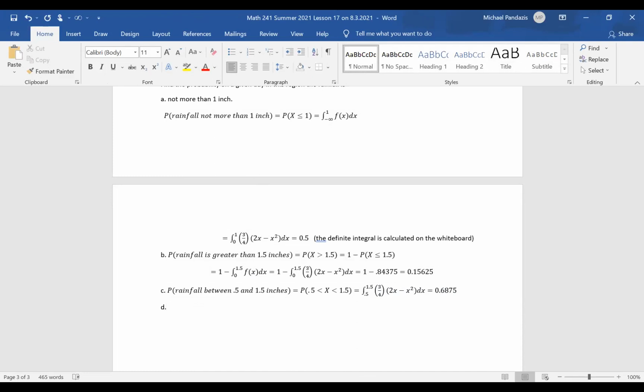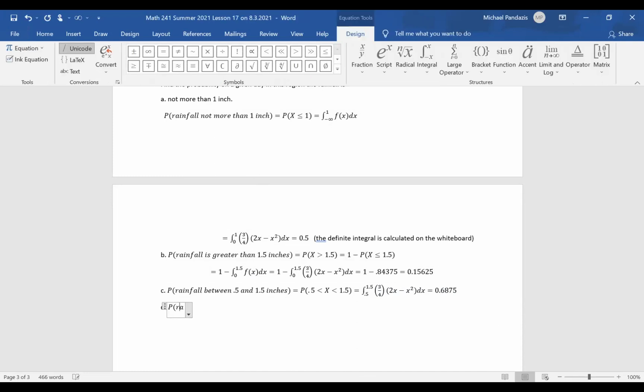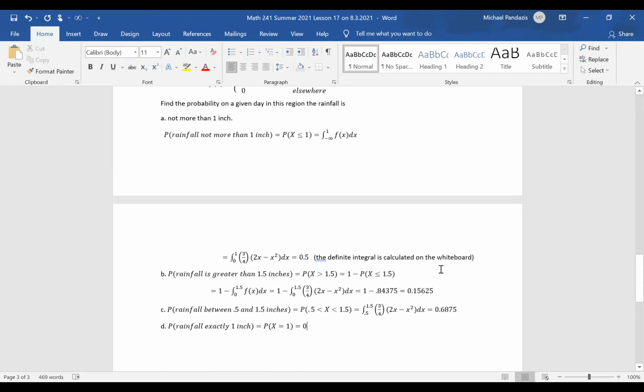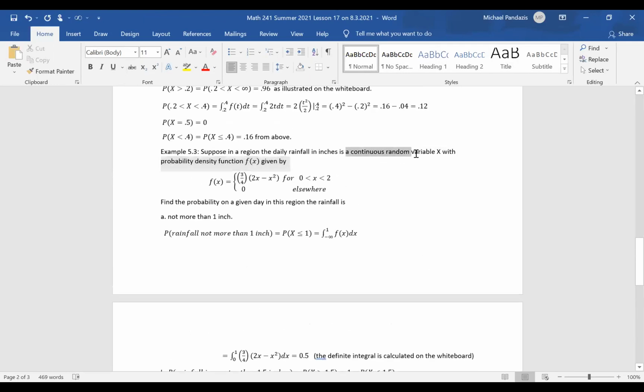And then D, what is the probability that the rainfall is exactly 1 inch? So the probability that the rainfall is exactly 1 inch is probably capital X is equal to 1. And so that's equal to 0 because capital X is a continuous random variable, right?